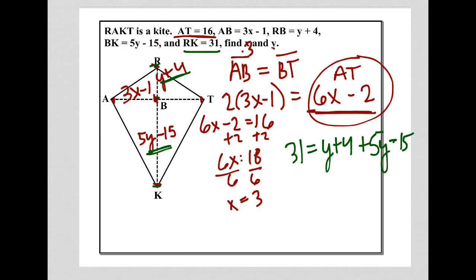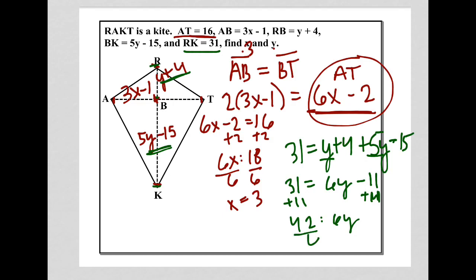Now we just need to simplify and solve. So we have 31 equals 6y, and we have minus 15 and plus 4, so we get minus 11. Then if we add 11 to both sides, add 11, not 4, 11, we get 42 equals 6y. Then we divide both by 6, and we get y equals 7. So here's our other value, y is 7.